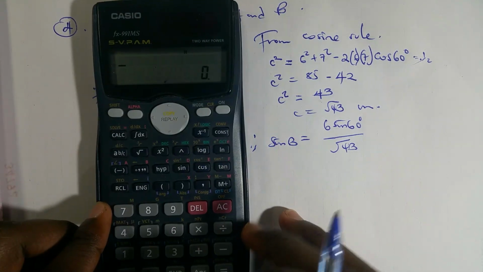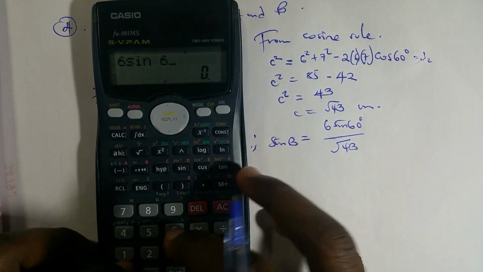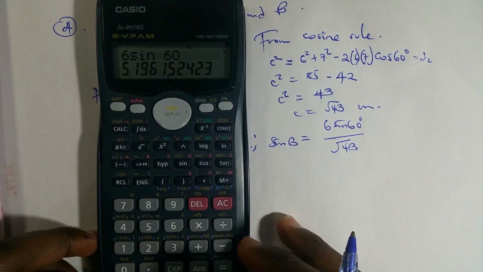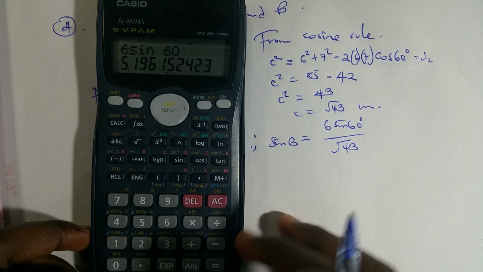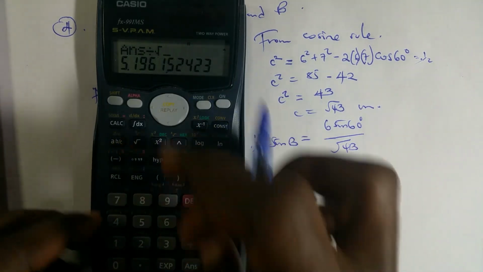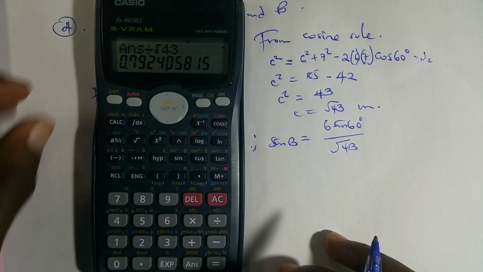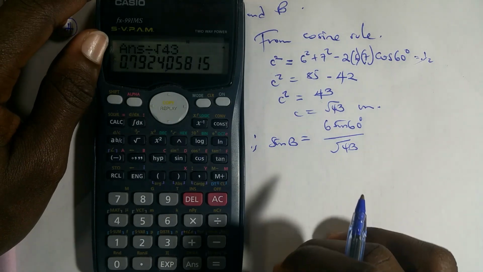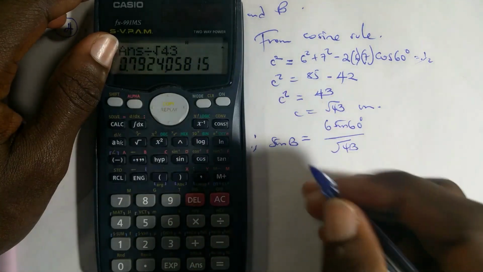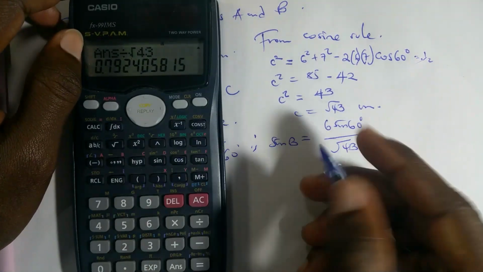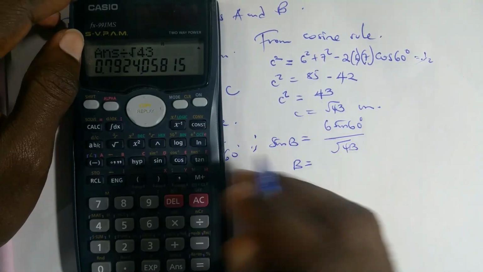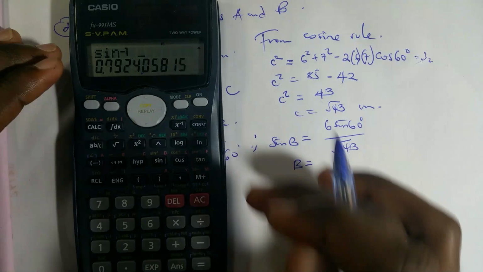Let's check our calculator. We have 6 times sine 60, then divided by root of 43. We have 0.7924. Let's get the arc sine of that to get B now.